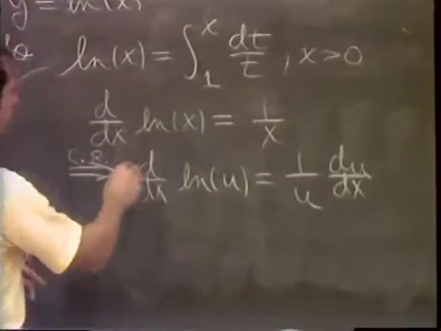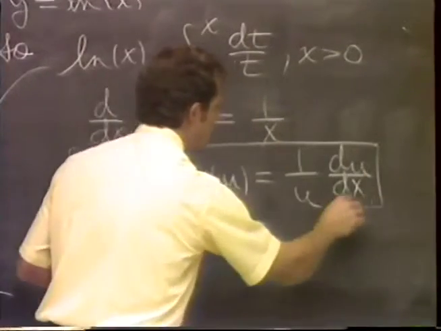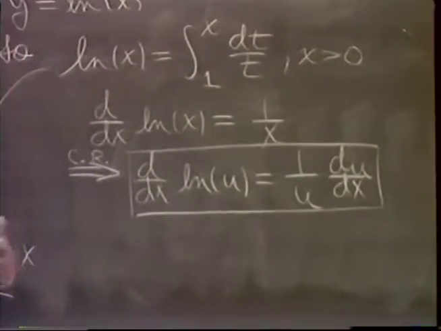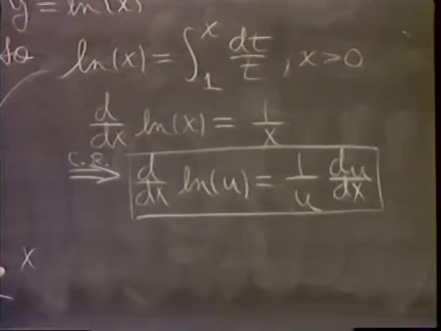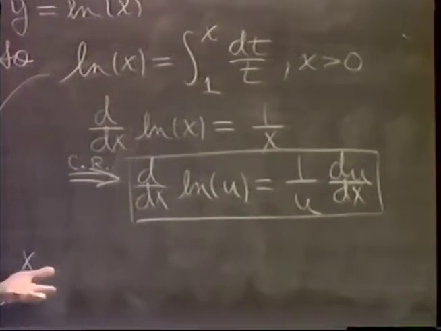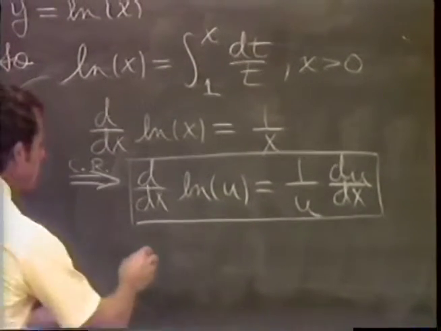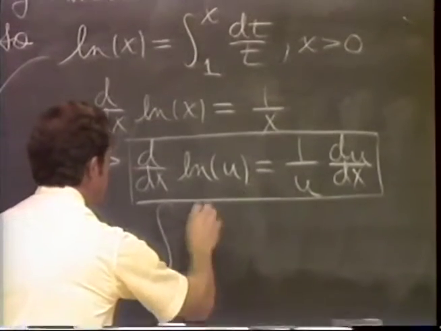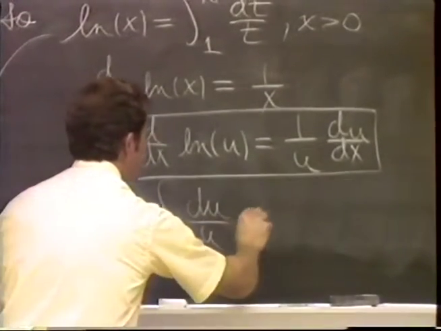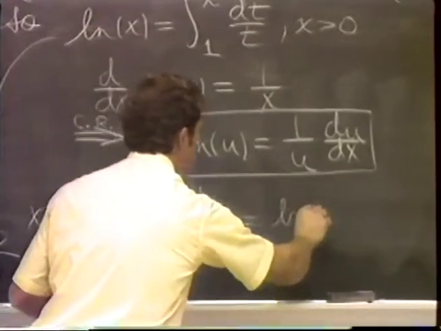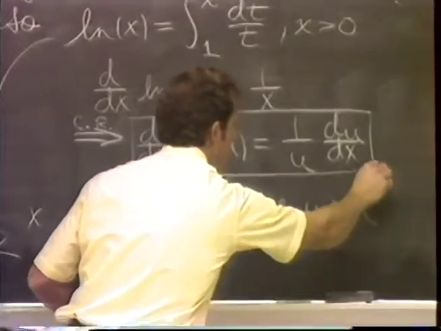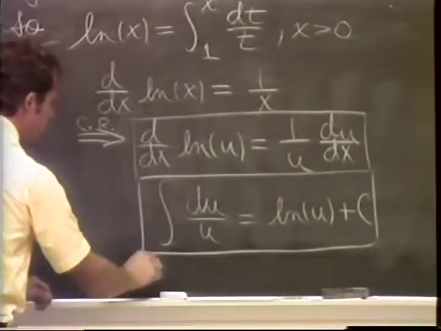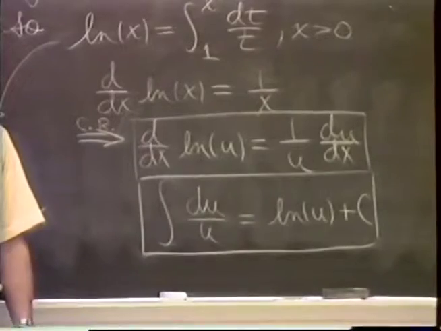So that's probably the best way to remember the result. And also you ought to realize that once you have a derivative property, you also have a cheap, in other words a free, integral property. Du over u is the natural log of u plus a constant. So it comes absolutely free as well.